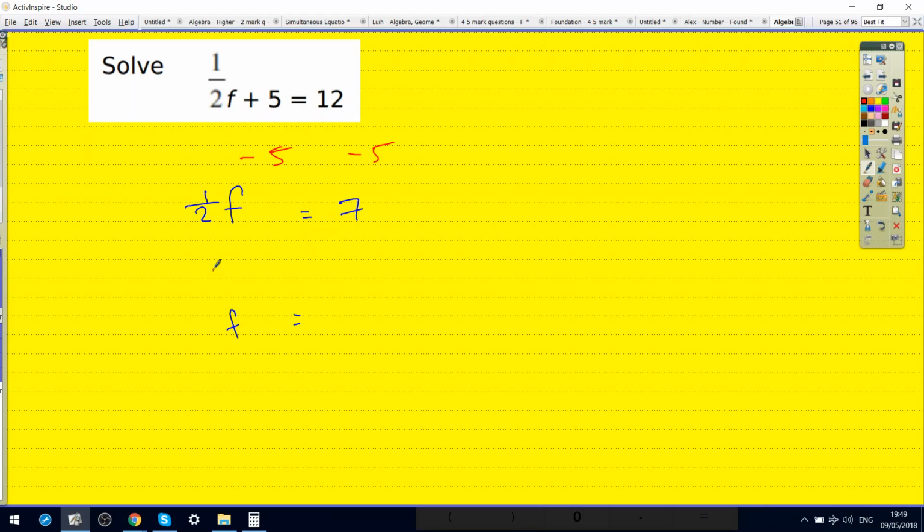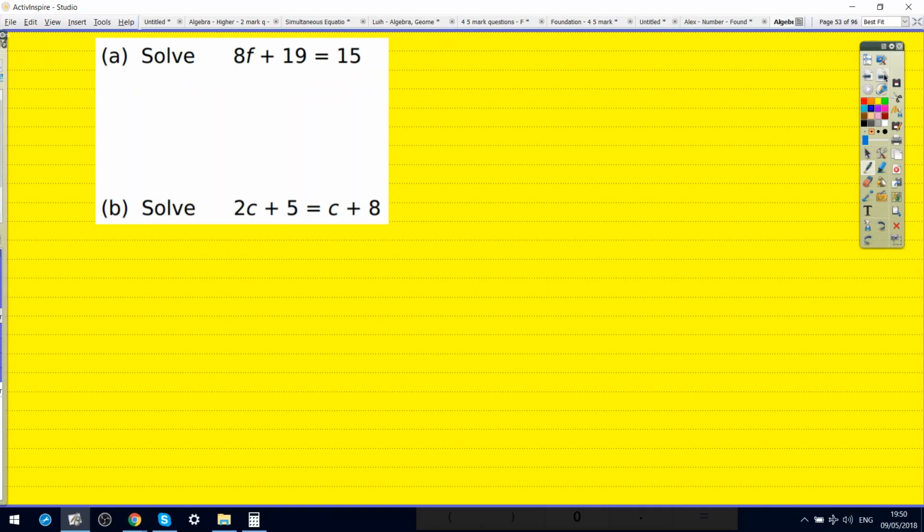Half of F is 7. So you times both sides by 2? Yep, 7 times 2, that's 14. Any questions there? Nope. Okay, so it's the same idea where you're always doing the opposite, so that one's fine.